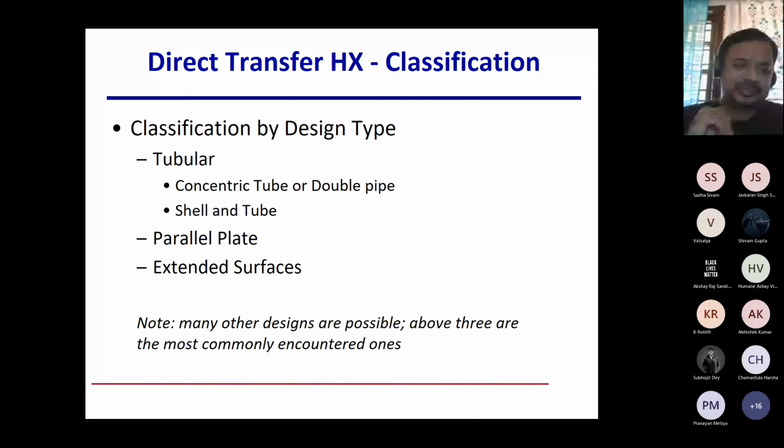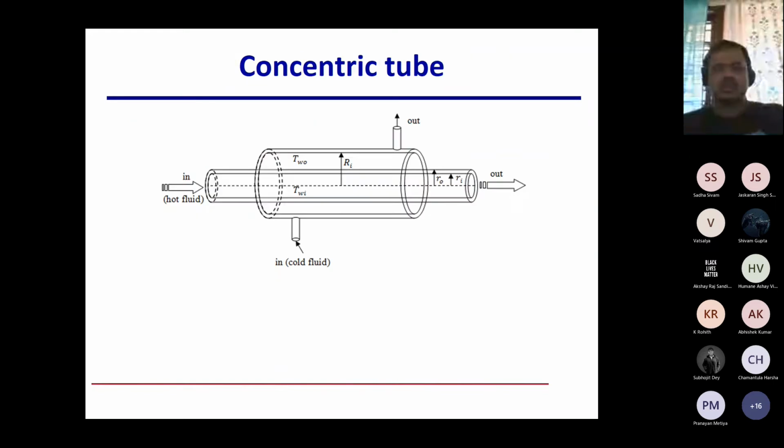All right. So, direct transfer type heat exchanger. These are some of the types. So let us take them one by one. This is just a list. The first one, I'll keep it very simple, is called concentric tube.